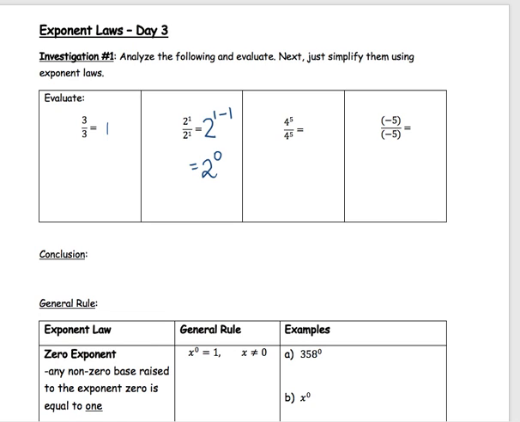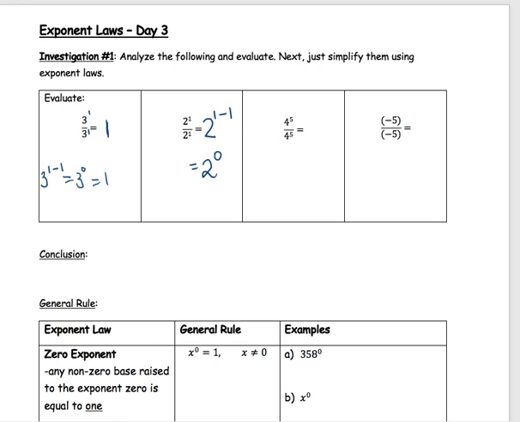Like the first question, it's 3 to the 1 divided by 3 to the 1. When you did that with your calculator, your answer was 1. So in the end, using the exponent law, you went 3 to the 1 minus 1, and you get 3 to the 0, and your answer is 1.